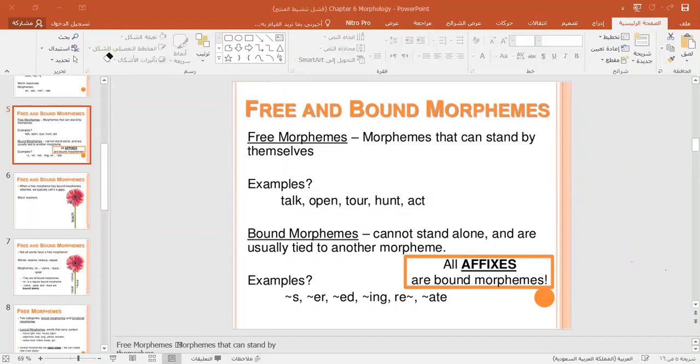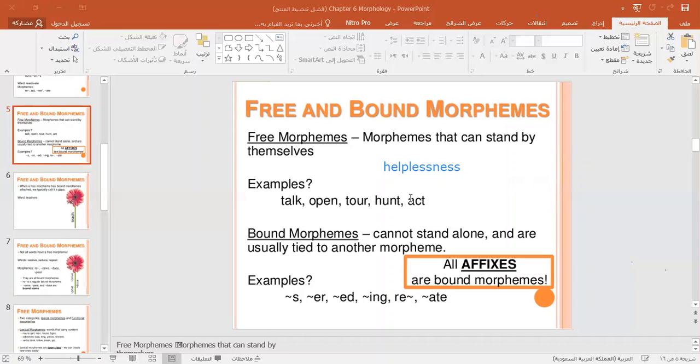I'll write another word and identify the morphemes of this word. Can you see it? What are the bound morphemes and what is the free morpheme here?